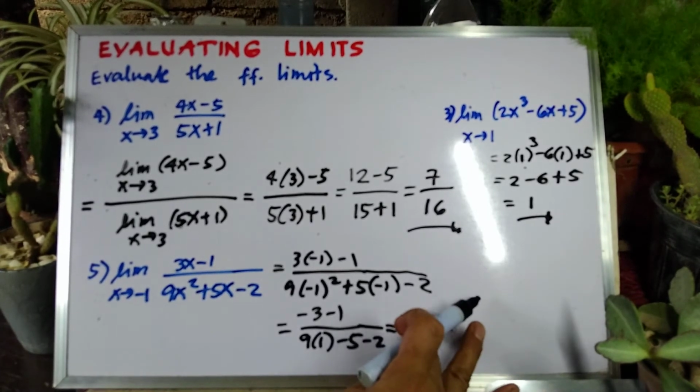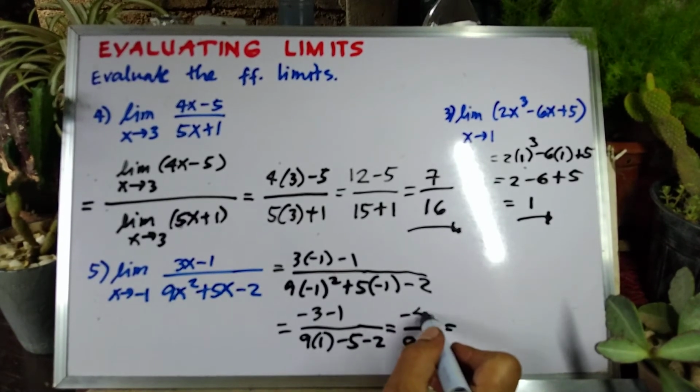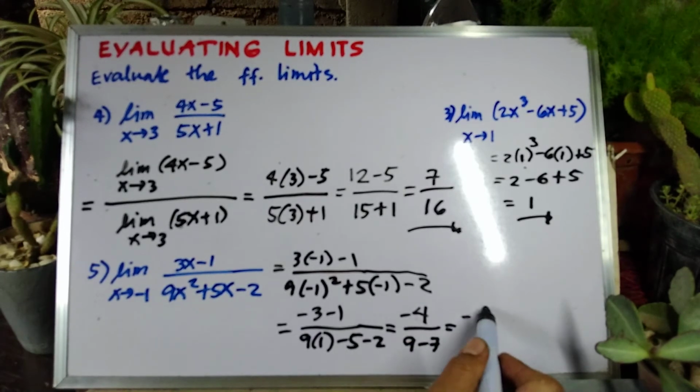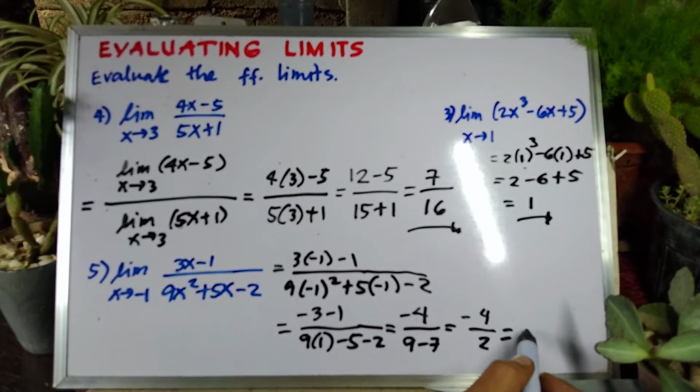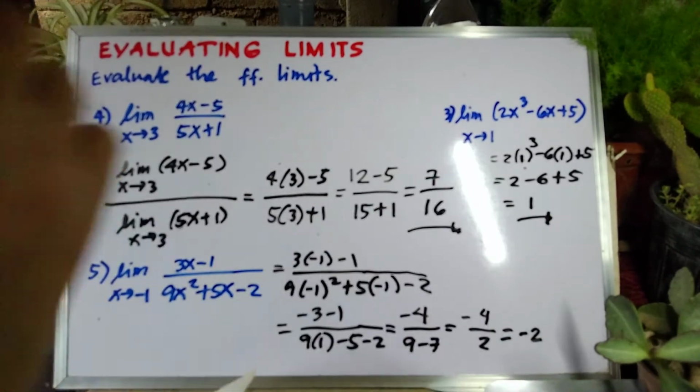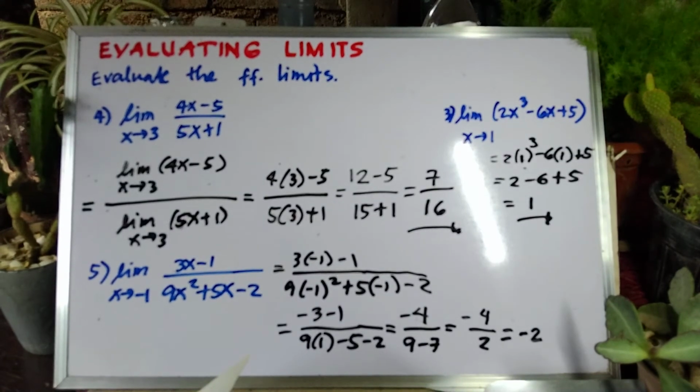Okay. Negative 4 over 9 minus 7 is 2. So negative 4 divided by 2 is negative 2. Okay. Ganyan lang yan kasimple. No? I hope may na-learn kayo.